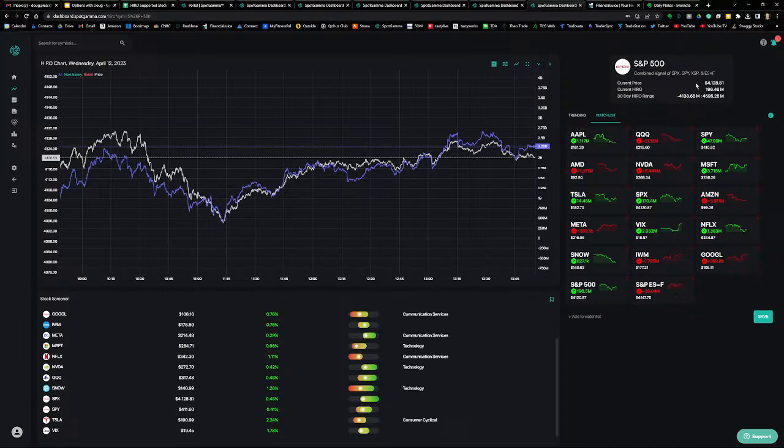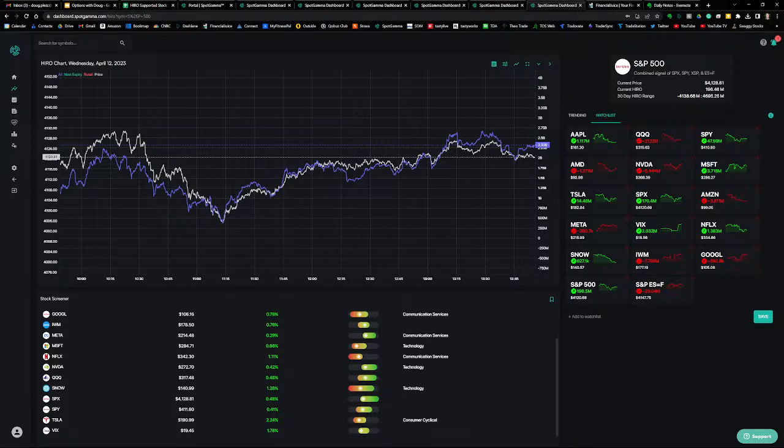So for those of you who may not be familiar with this chart, this is Hero, SpotGamma Hero, available to SpotGamma subscribers. The white line on this chart is showing price. And the purple line is showing options trades and hedging activity, in terms of delta notional value.